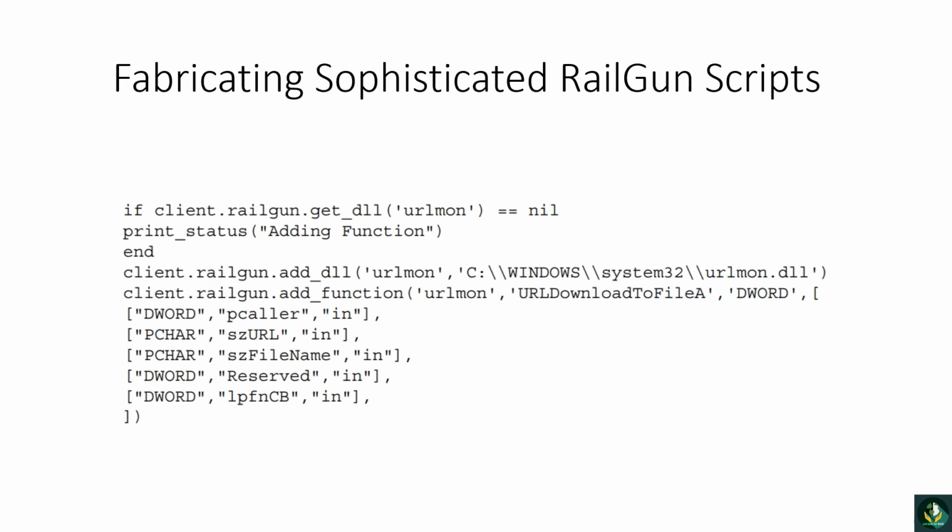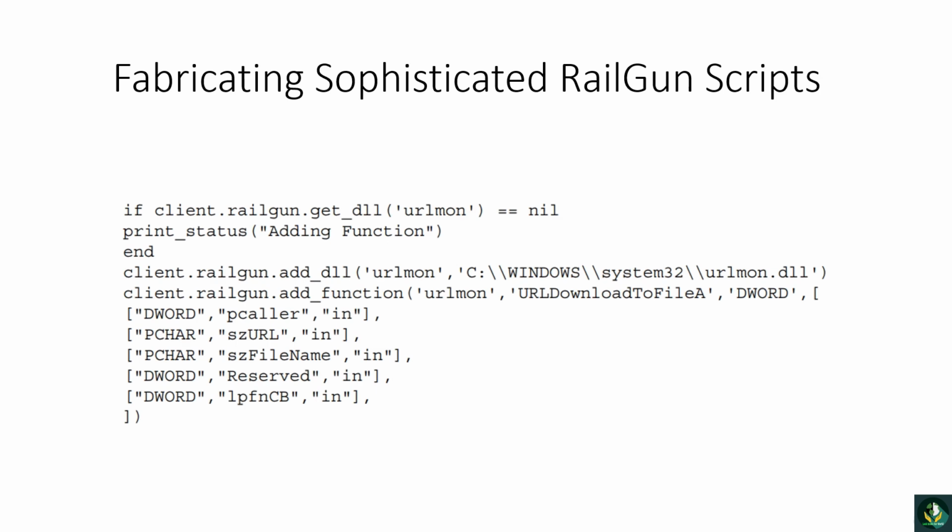The preceding script adds a reference path to the urlmon.dll file that contains all the required functions for browsing a URL and other functions such as downloading a particular file. So we save this reference path under the name of urlmon.